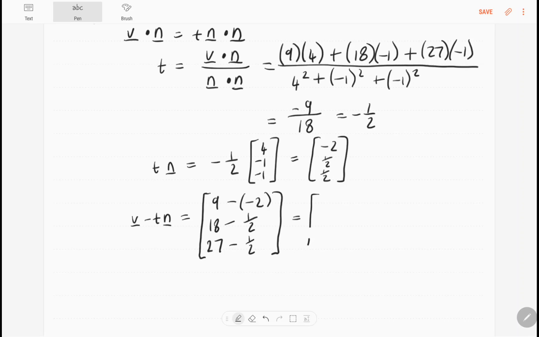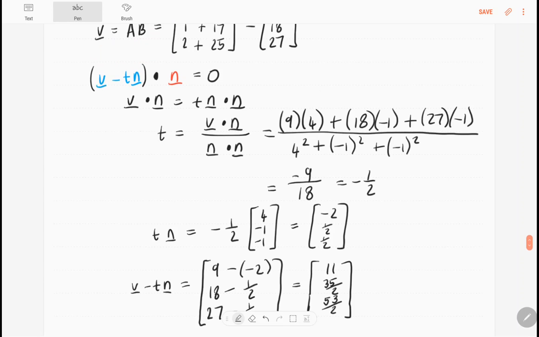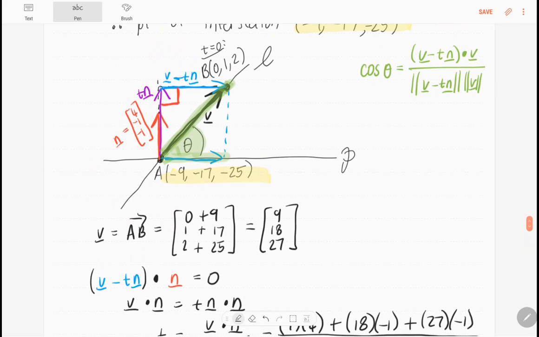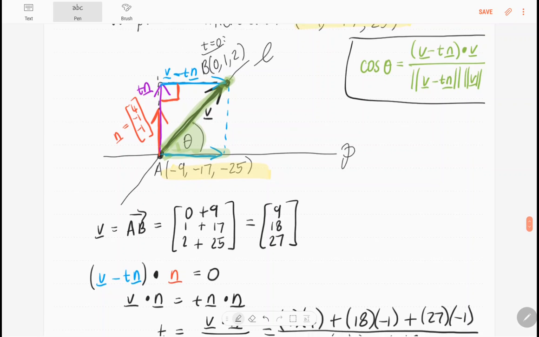That's going to give us 11, 35 over 2, and 53 over 2. So what we need to do now is use this formula in order to get cos of theta, and then we can solve for theta.